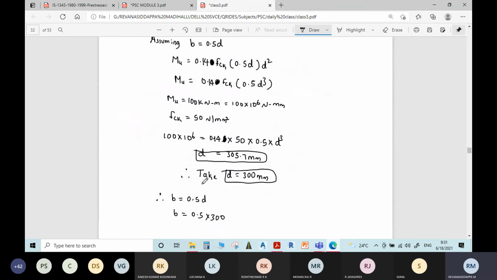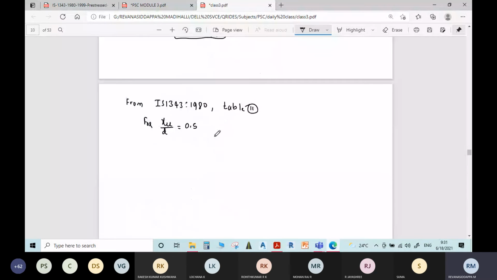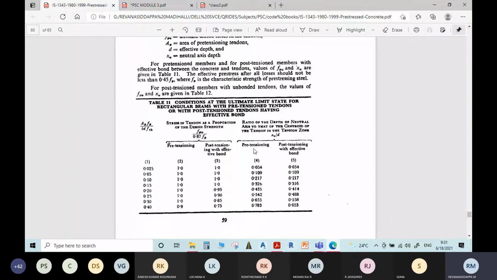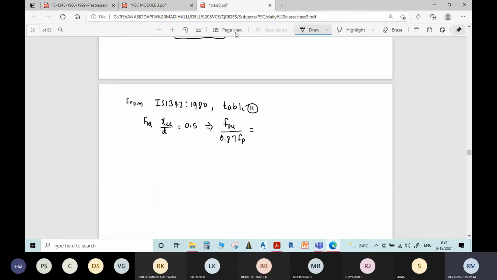You find the corresponding fpu divided by 0.87 fp. So I will go to the table. xu by d for pre-tensioned beam, how much we have selected? We have selected it as 0.5.